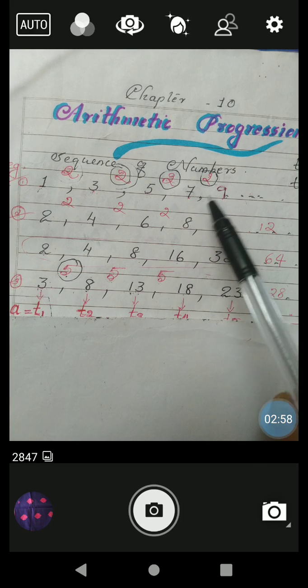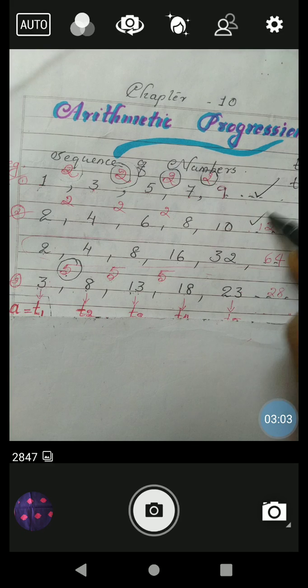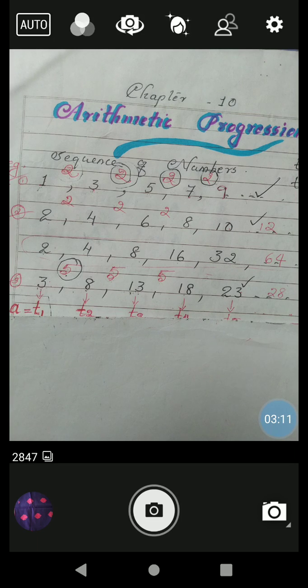These 3 types of sequences are called arithmetic progression. So, an arithmetic progression is a sequence of numbers in which each term can be obtained by adding a certain quantity to its preceding term.